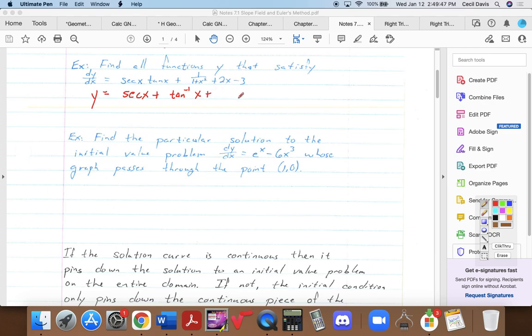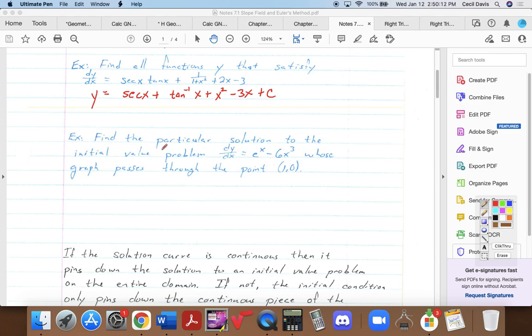Plus the antiderivative of 2x, x squared, minus 3x plus c. That is sometimes called the general solution, because there's lots of different curves depending on what c is.